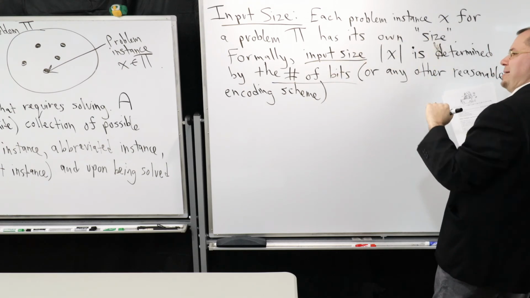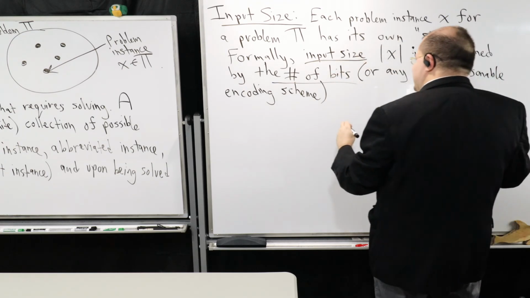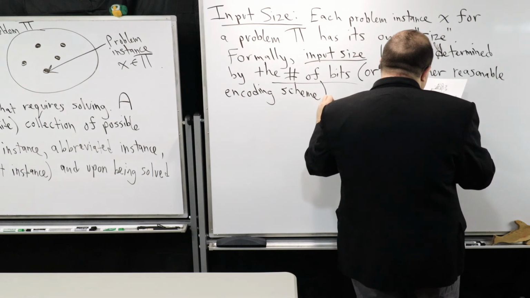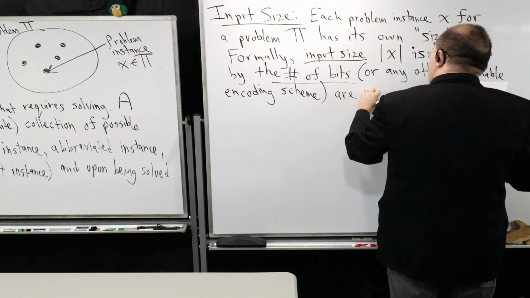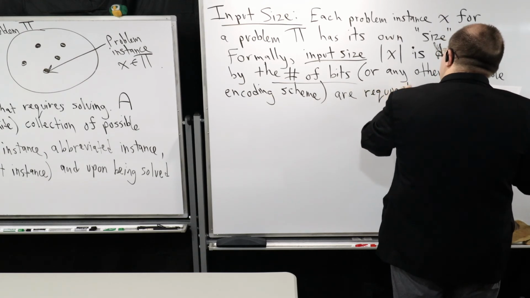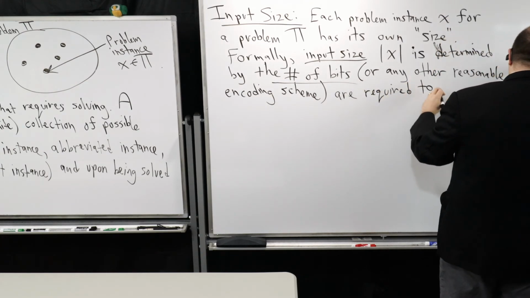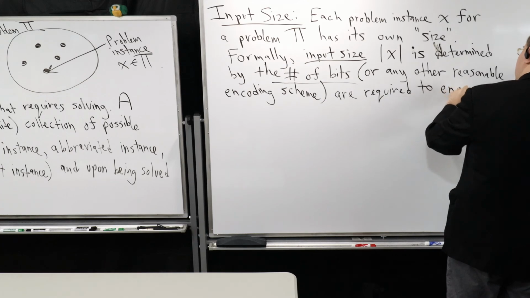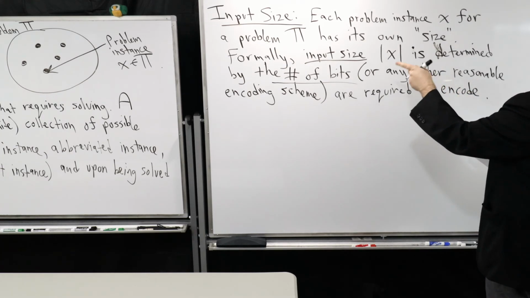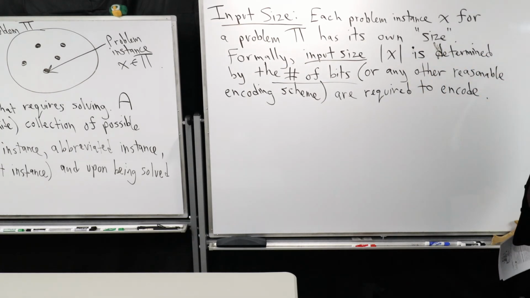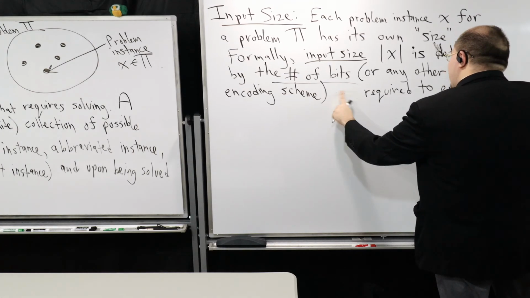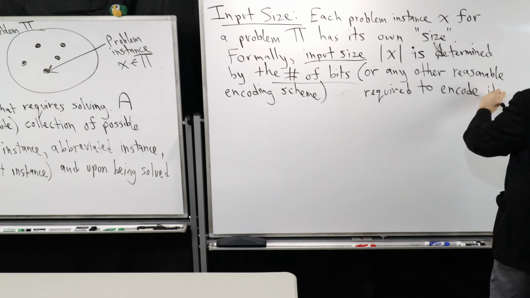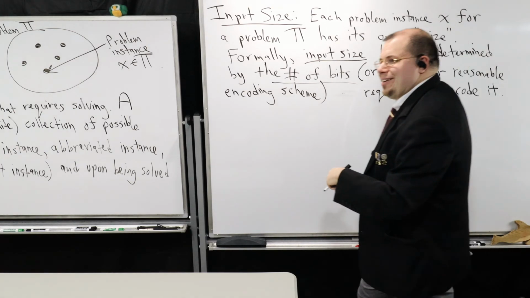It's just how many bits you use to encode the instance. Formally, input size is determined by the number of bits, let's say, required to encode it. There we go. Very good.